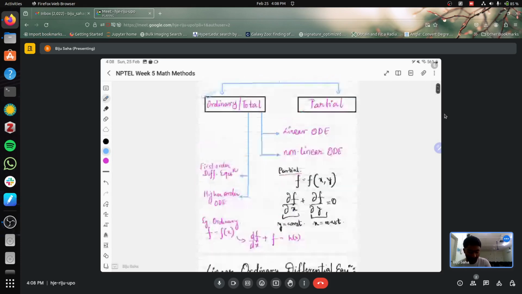In terms of linearity, a differential equation can be categorized as either a linear ordinary differential equation or a non-linear ordinary differential equation. Similarly, with respect to order, it can be a first order differential equation or a higher order differential equation, that is second, third, or higher.